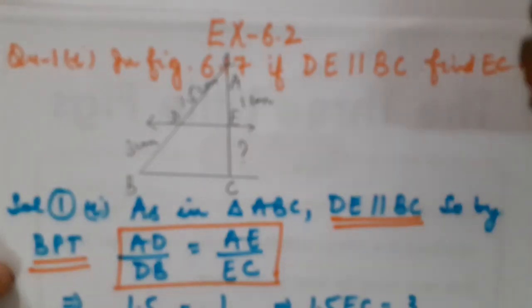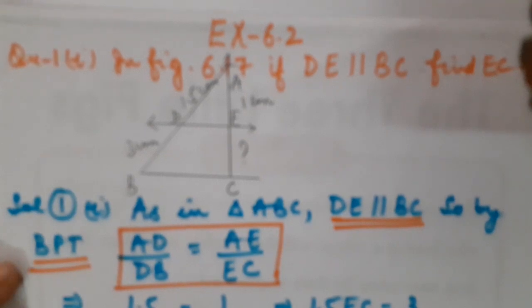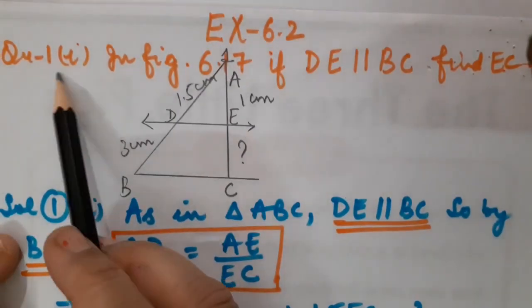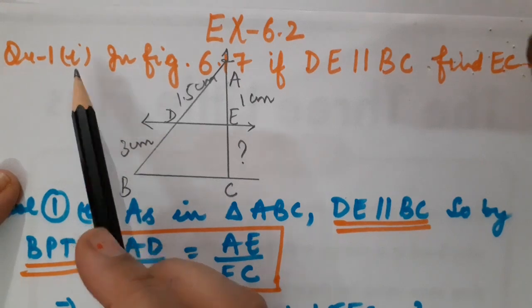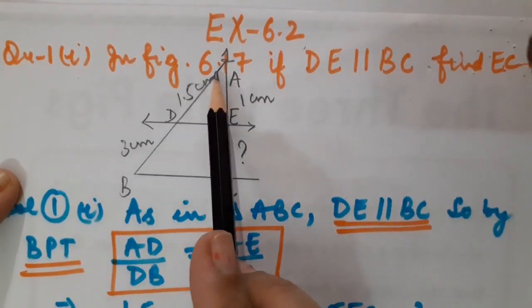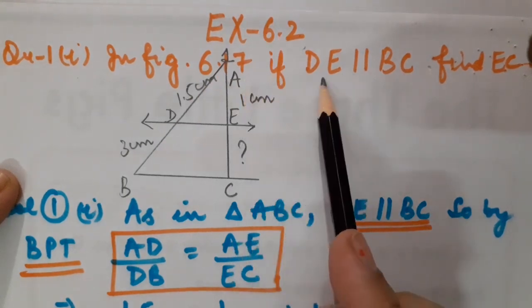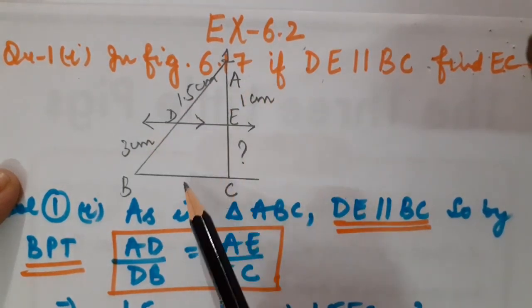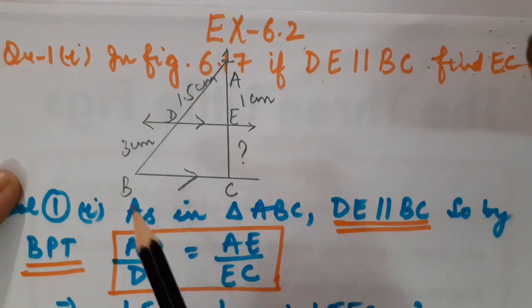Now children, I am going to take a few questions from exercise 6.2 in which the application of basic proportionality theorem as well as its converse is used. So what is the question? First question, first part. This is exercise 6.2 of NCERT. In figure 6.17, DE is parallel to BC, given.